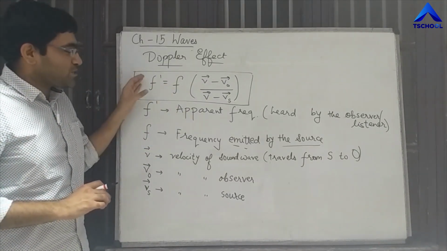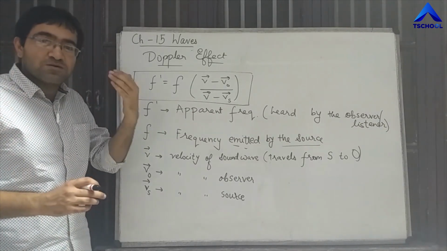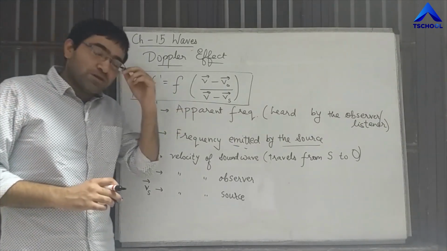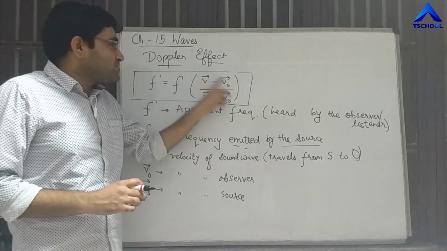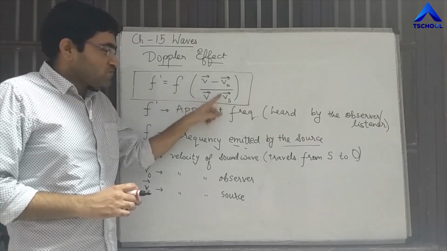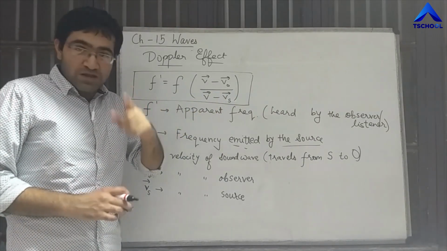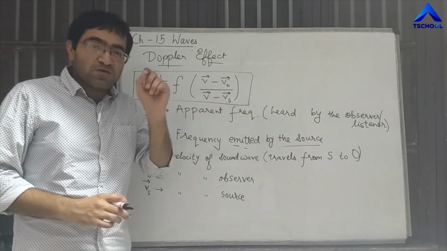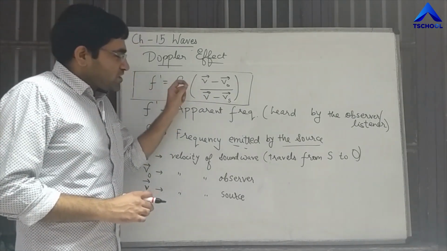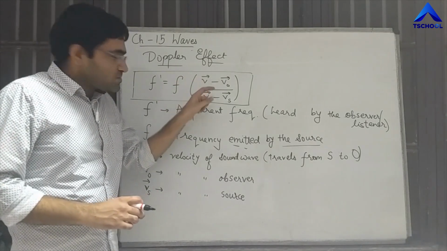Again, f dash is the frequency that the listener receives. F is the frequency that was emitted by the source, and these are velocities. V vector for velocity of sound, VO vector for velocity of observer, and VS vector, be careful, VS vector for velocity of the source. Now before we just get on with the derivation, a little thing.